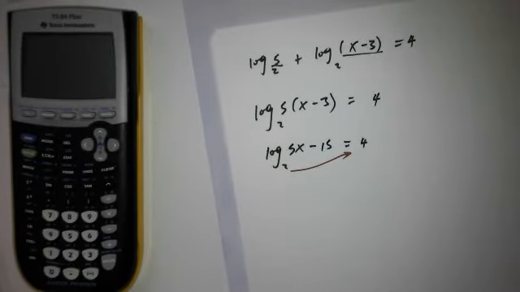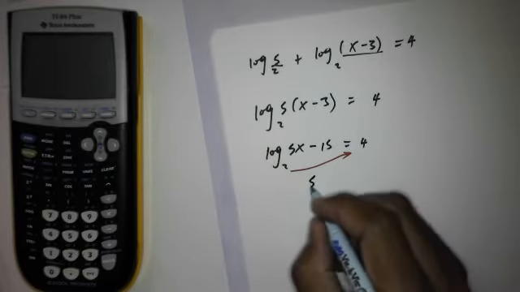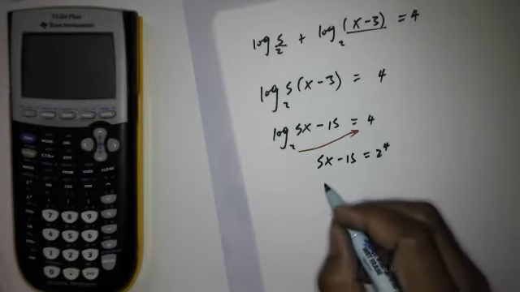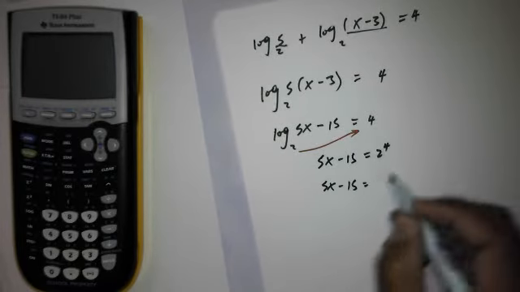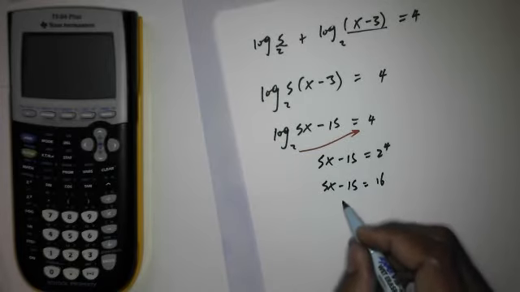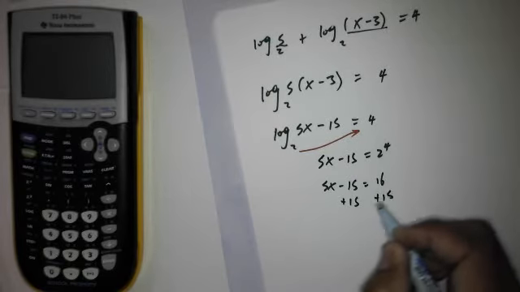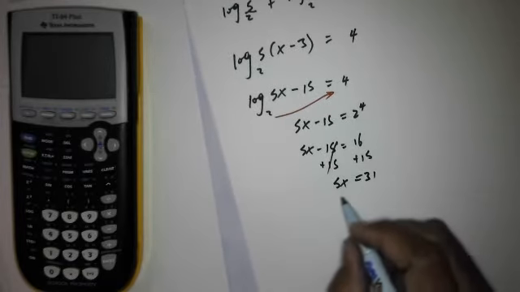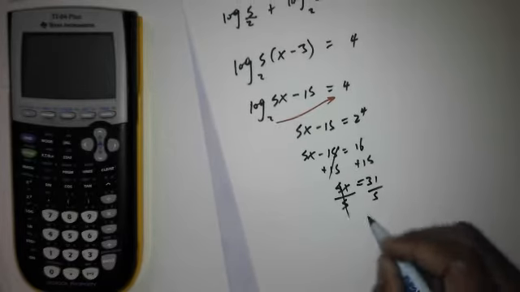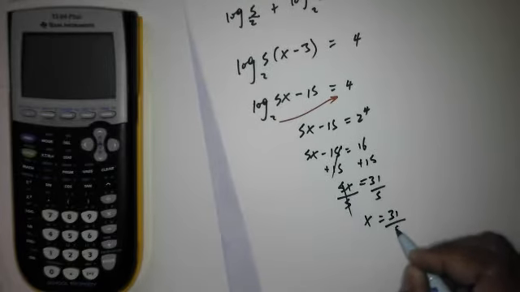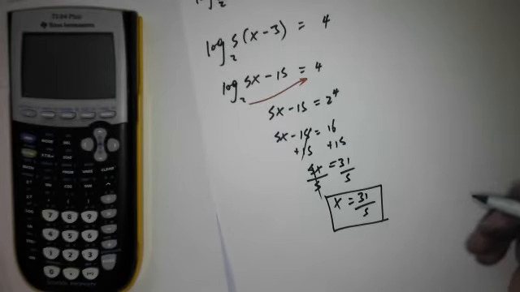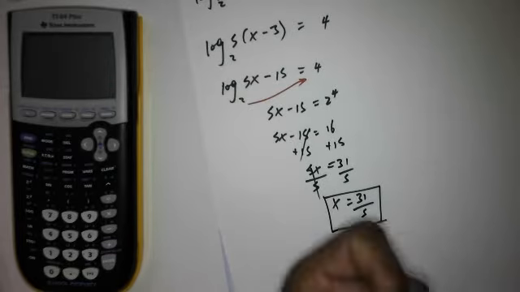So that will just be 5x minus 15 equals 2 to the 4, that is 16, and then we add 15 to both sides. So 5x equals 31. We divide both sides by 5. So x equals 31 over 5, or if you want, you could turn that into a decimal, which is 6.2. But it's okay to keep it like this.